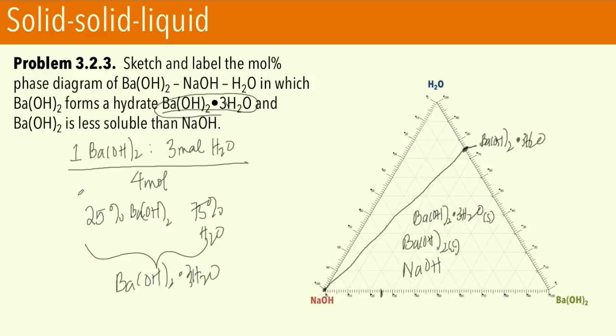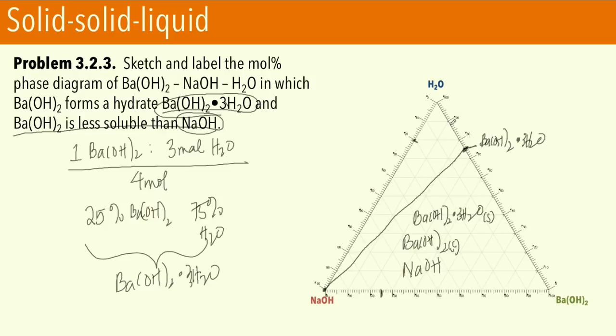What we know here is that barium hydroxide is less soluble than sodium hydroxide. That means more sodium hydroxide can dissolve in water. So we could approximate the solubility of sodium hydroxide to be over here. Let's say we have like 20% sodium hydroxide forming a saturated solution.